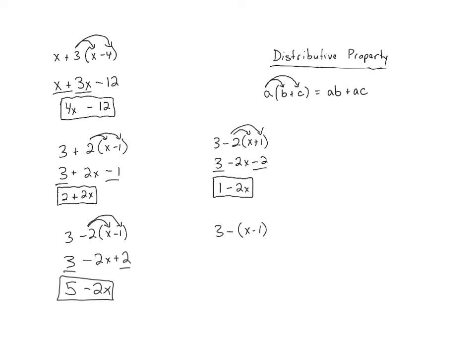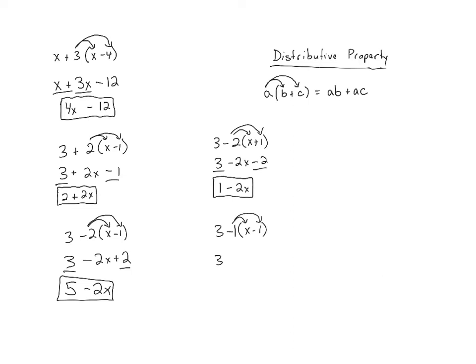All right. This last problem, we've got 3 minus the quantity x minus 1. Now there isn't a number in front, but there is one that we can put there without changing the value. It is that invisible 1. And once we put that in, we distribute the negative 1 to both of those terms.